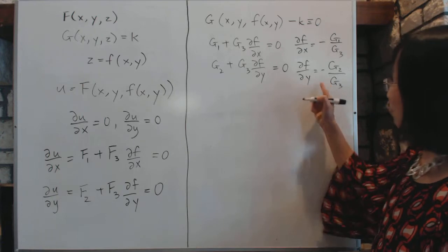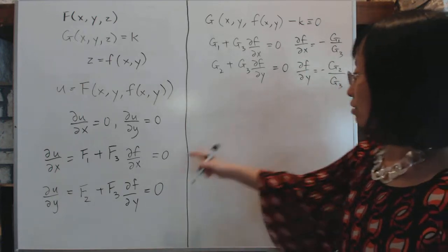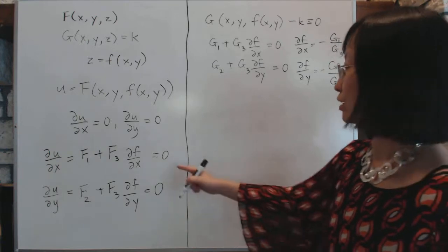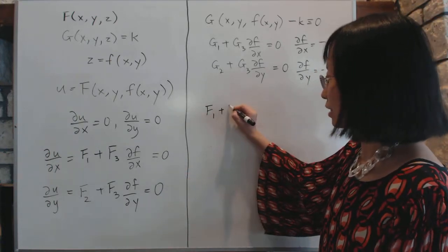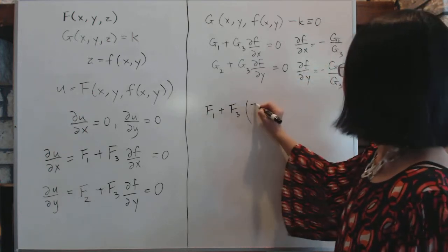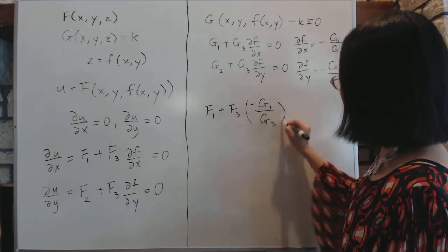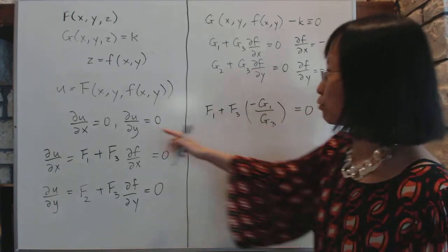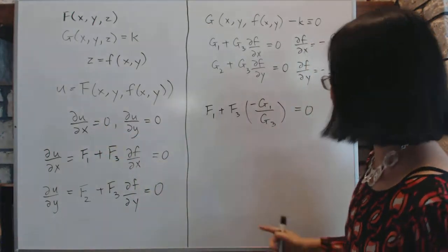Then we'll plug these things in here. We'll work on the first one: f1 plus f3 times negative g1 over g3 is equal to 0, where we set partial u partial x equal to 0. That's where we're getting this from.